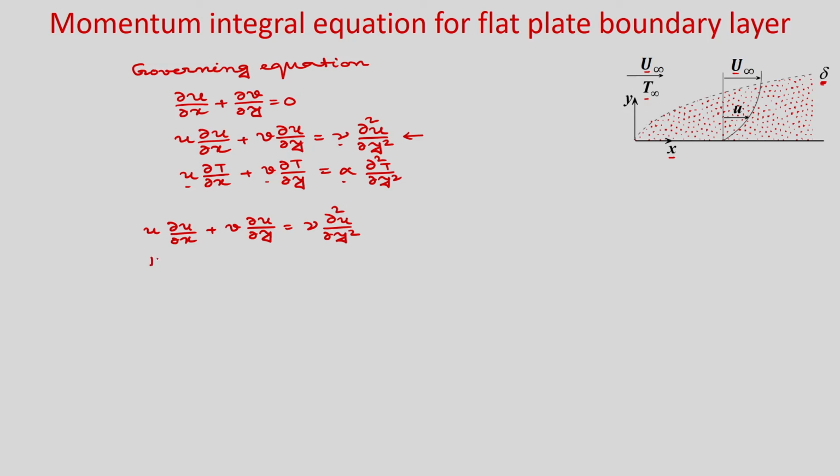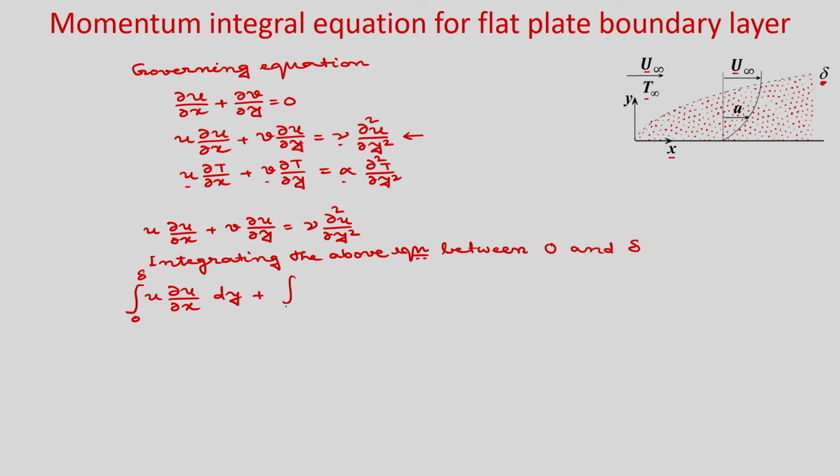So, integrating the above equation between 0 and delta, where delta is your hydrodynamic boundary layer thickness, you can write 0 to delta u del u by del x dy plus 0 to delta v del u by del y into dy is equal to 0 to delta nu del 2 u by del y square into dy.